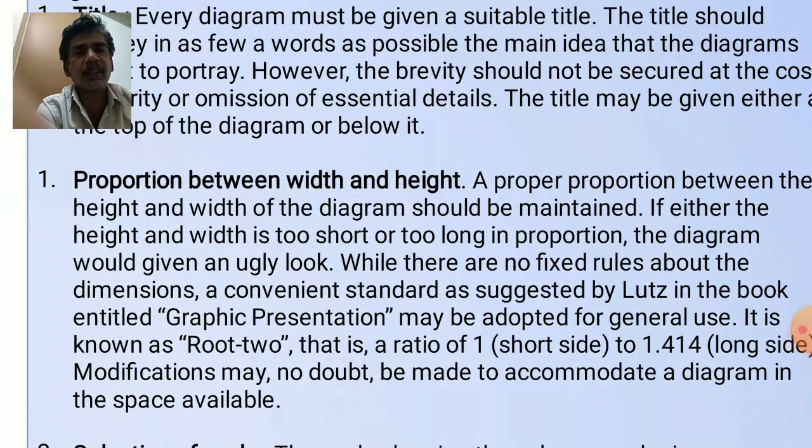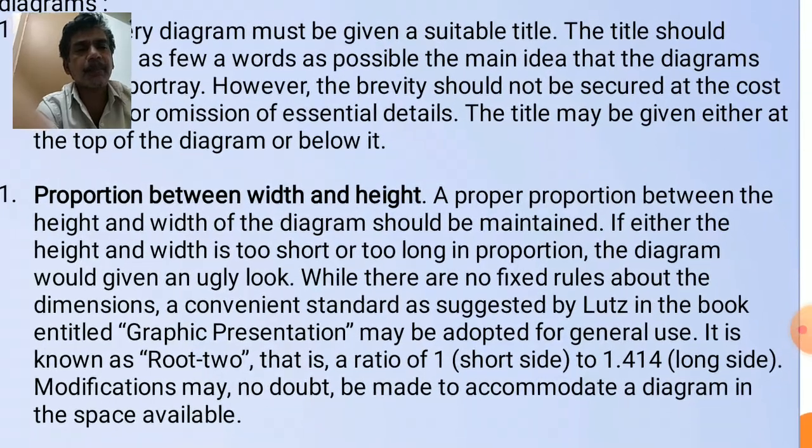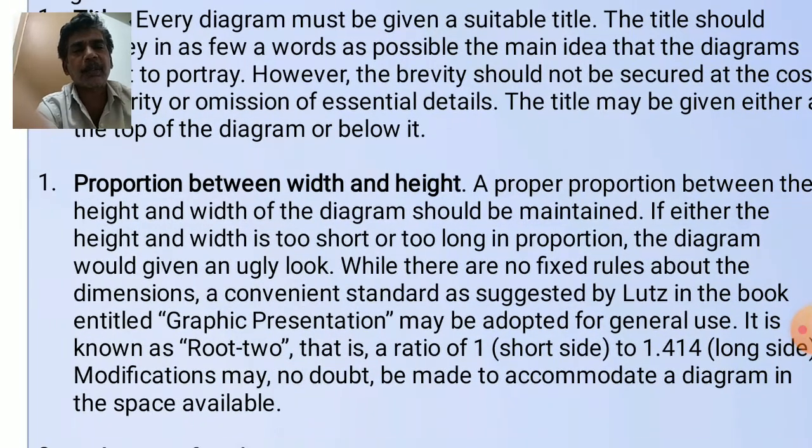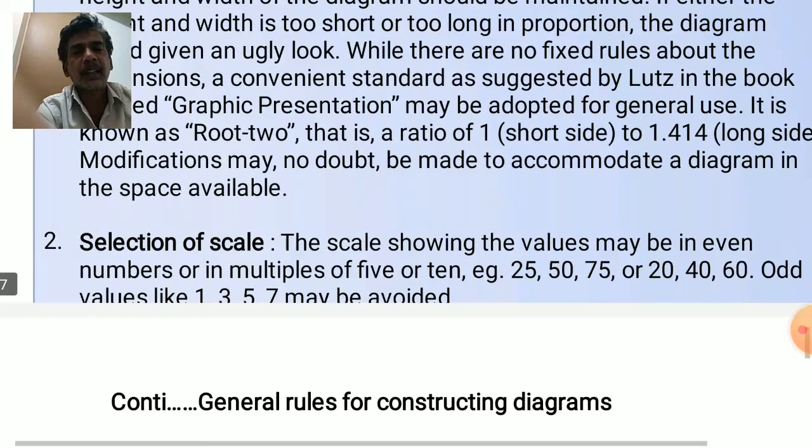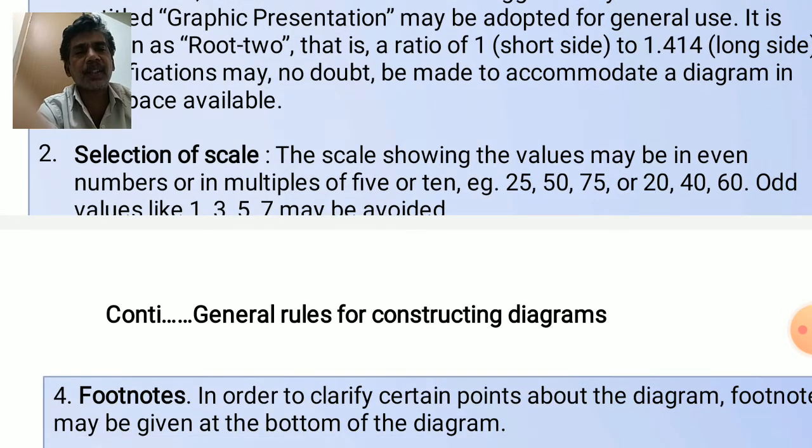Therefore, a proper proportion between height and width of the diagram should be maintained. If it is too short or too long in proportion, the diagram would give an ugly look.